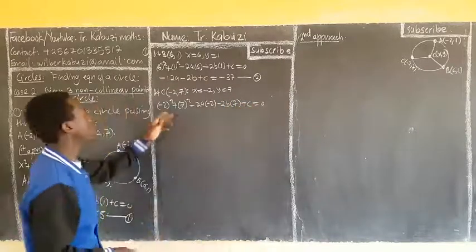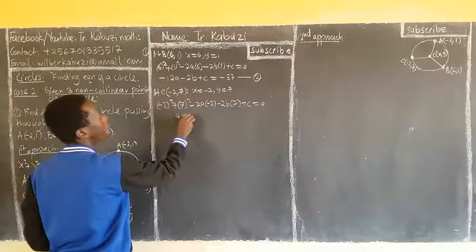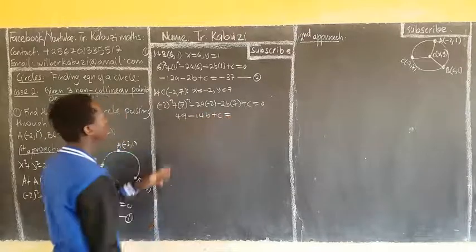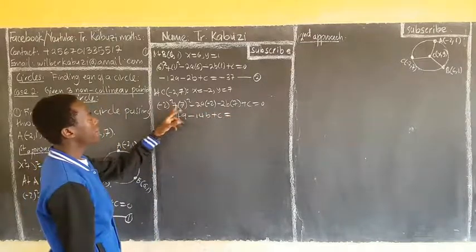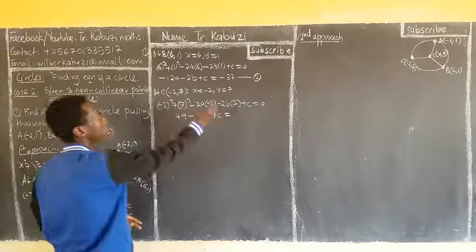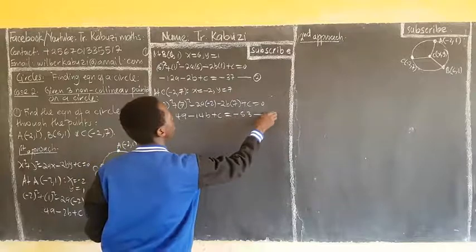From here, this will give me 4a minus 14b plus c equaling 2. This is 49 plus 4 to give me 53. I take it to the other side, it becomes negative 53, and this is equation 3.